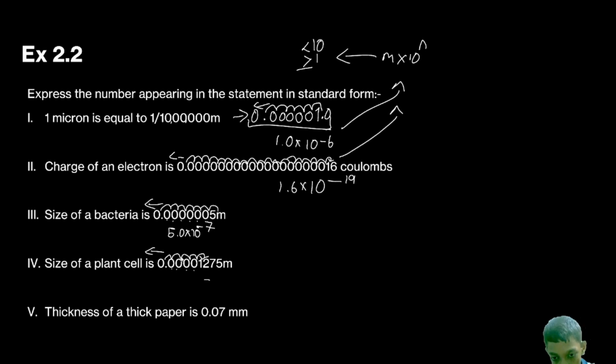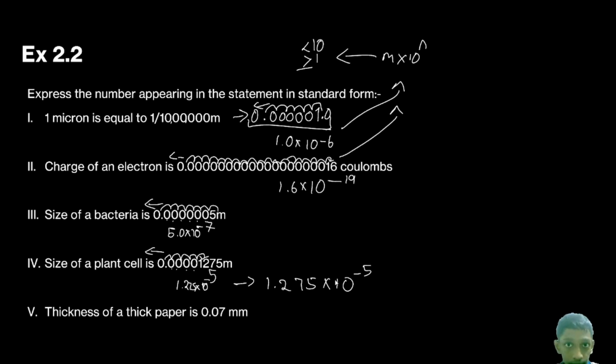So it is 5 places, and the value of m is 1.27 into 10 raised to the power of minus 5. So the size of a plant cell is 1.27 into 10 raised to the power of minus 5.